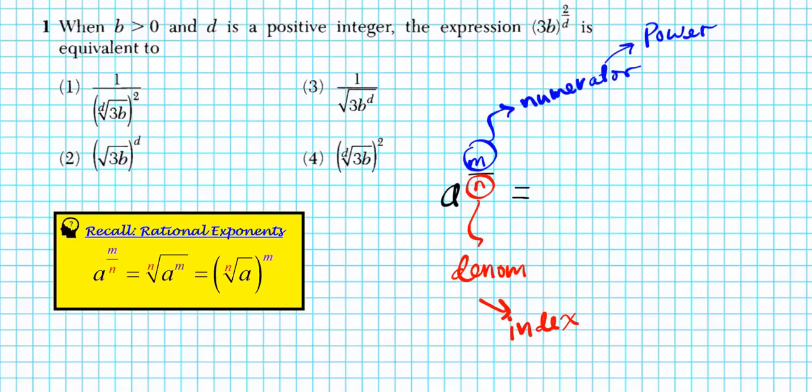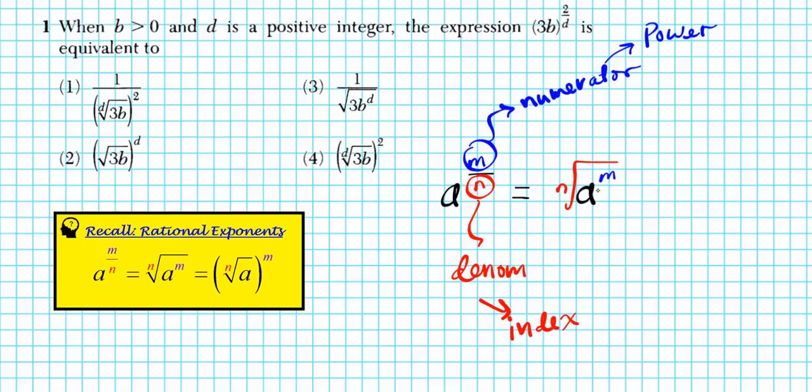So let's go ahead and apply that idea. We can write this as a to the m. Notice the power stays a power, but the denominator of that rational exponent becomes the index of your radical. Bam, the nth root of a to the m.